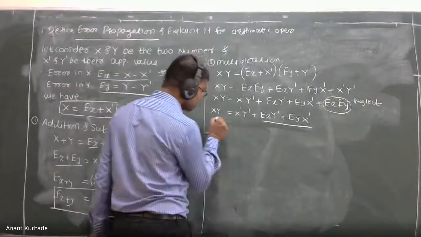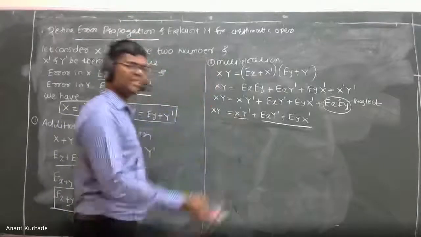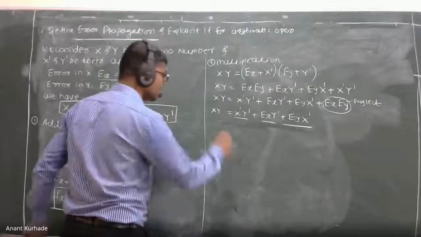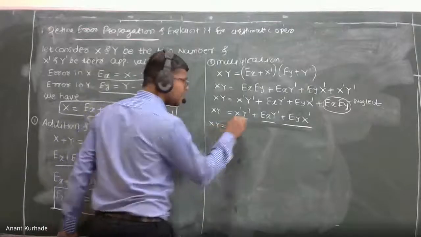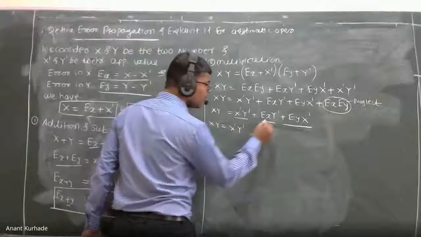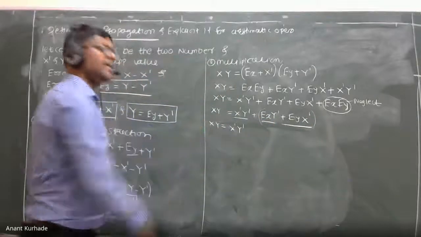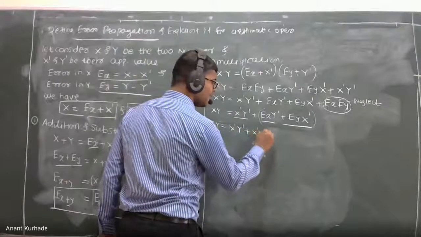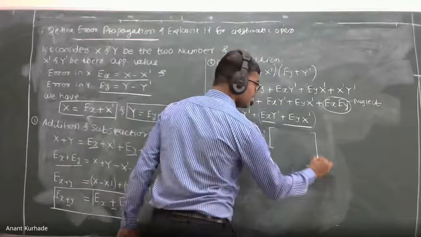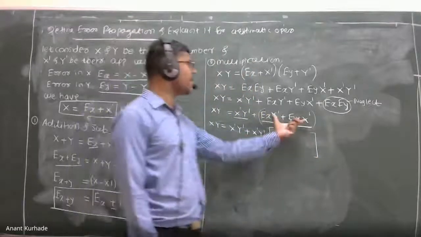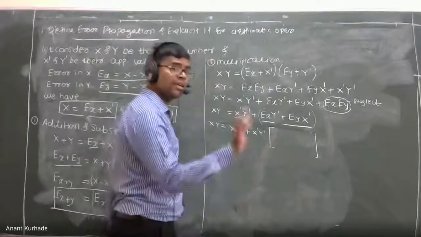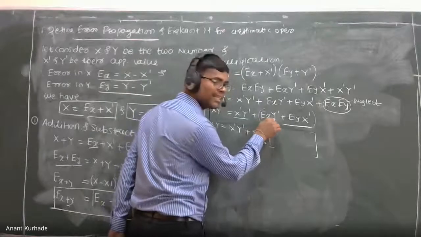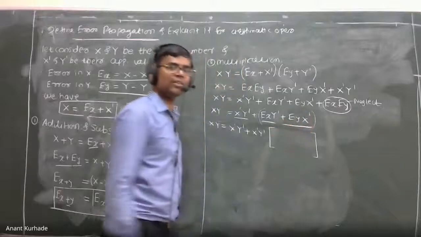Now again see, you can stop here and say that this is the error, or you can simplify it. xy is multiplication, so the first term is x dash y dash. From this bracket, I have to separate the term x dash y dash. Along with x, it is y dash; along with y, it is x dash.